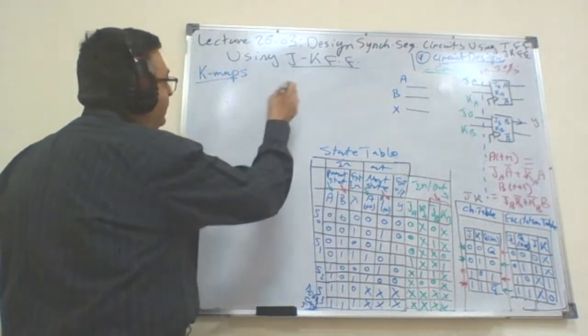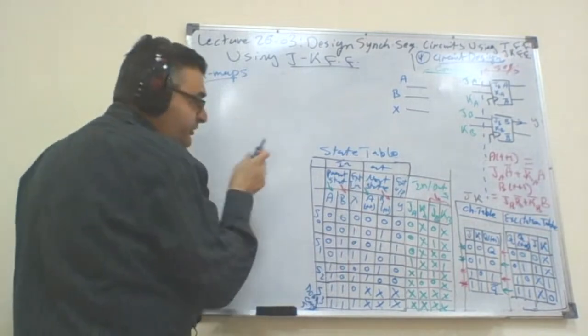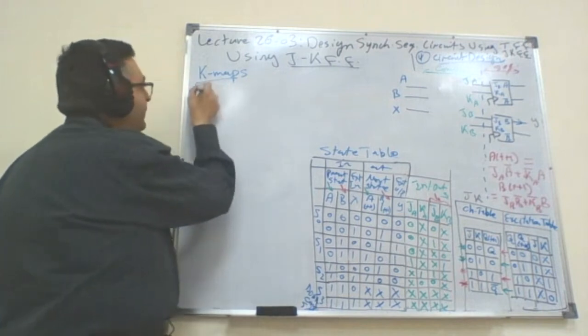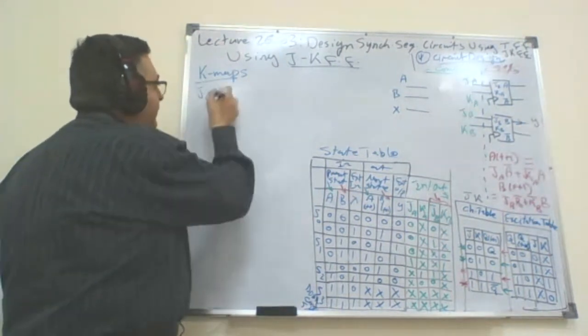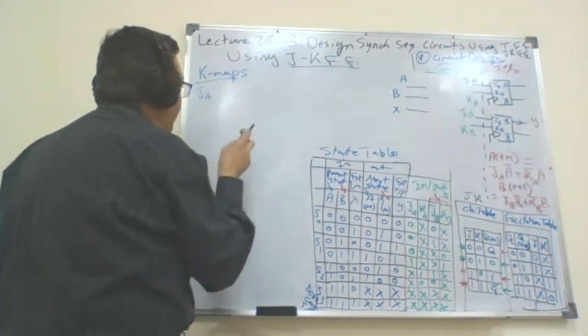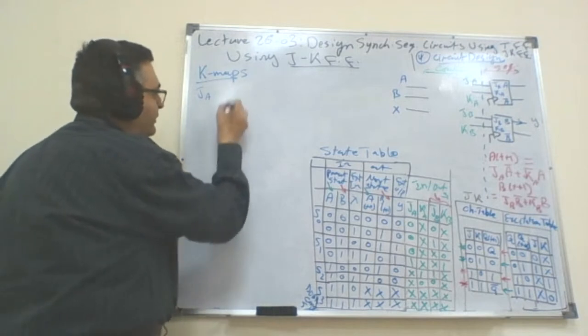So here let's start with JA. The K-map looks like this.